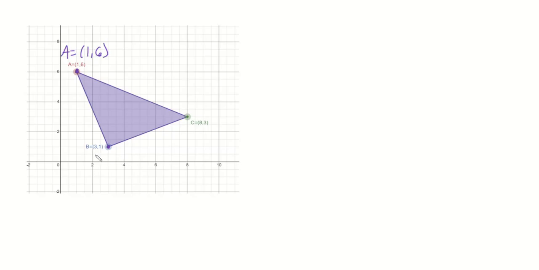What do you call these, what I'm writing right now? B equals 3, 1. What do you call that? Ordered what? Ordered pair, yes. These are my ordered pairs of my points. So those are all 3 points. Go ahead, sketch it. I'll give you a minute.